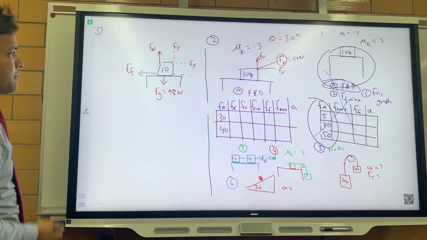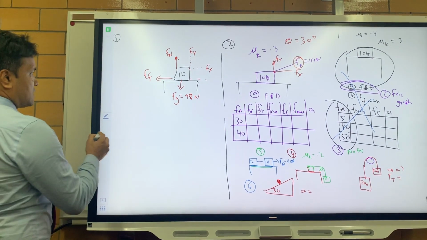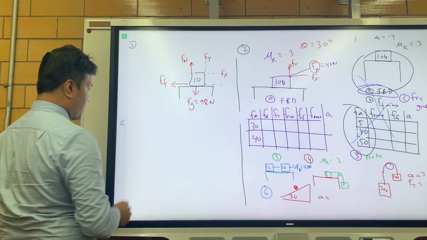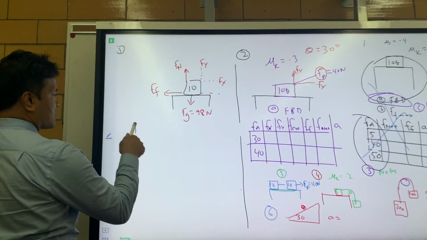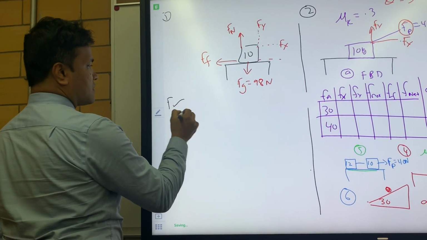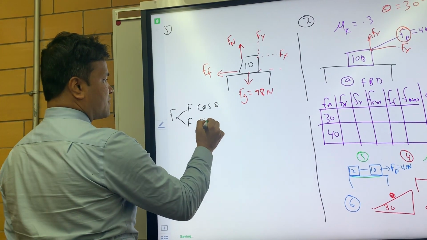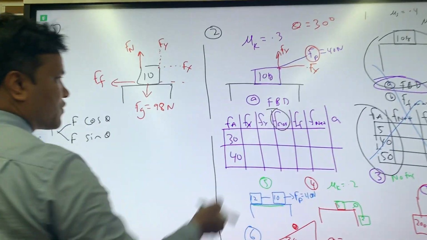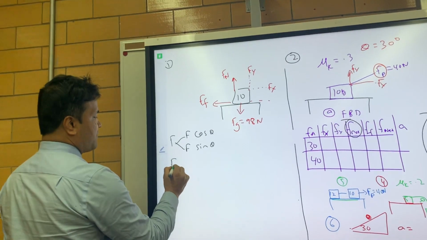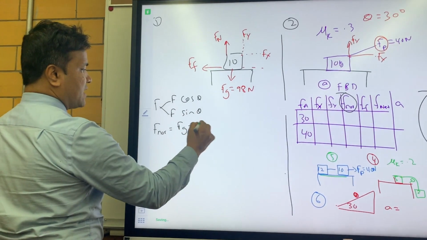Okay, so now let's first write all the equations. I'm going to first write the template. First I'm going to write F: F cosine theta, F sine theta. This is equation number 1. Then I'm going to write the equation for normal force: Fn is equal to Fg minus Fy.